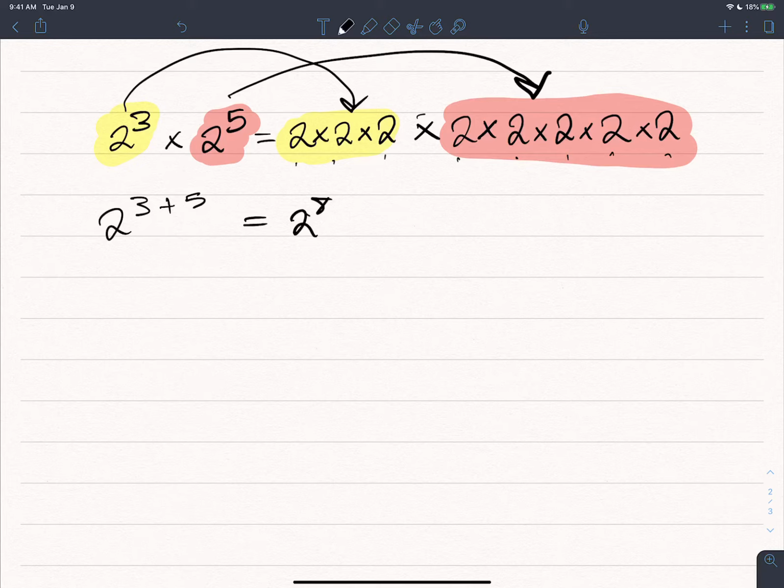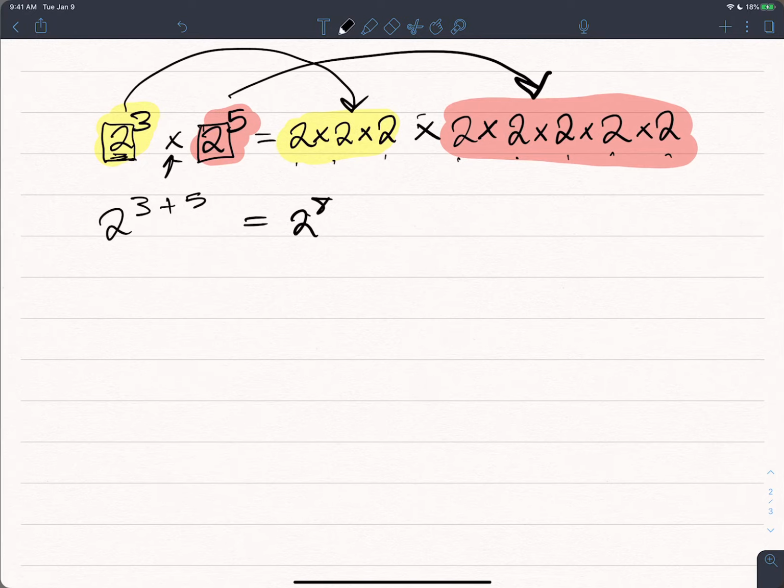When the bases are the same, this is the base, and we are multiplying, we can add the exponents. That is the product rule, specifically for multiplying.